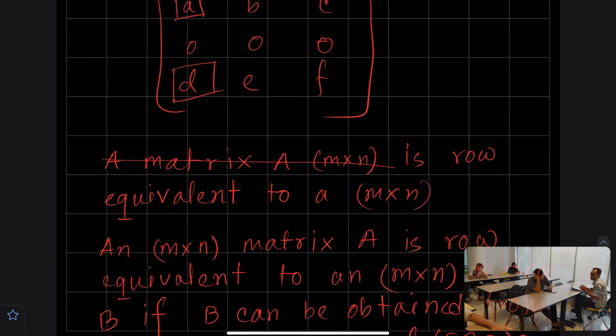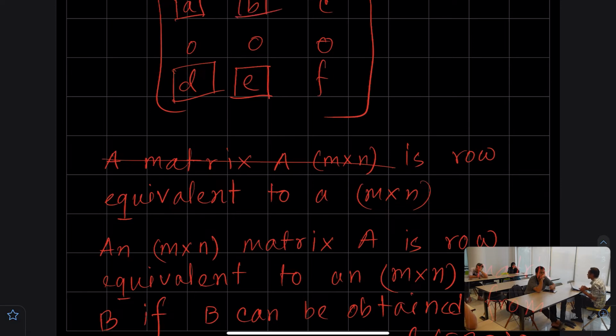Then I can apply the first ERO on this entry to make it a 1, and again apply the second ERO in the first row to make it a 0.